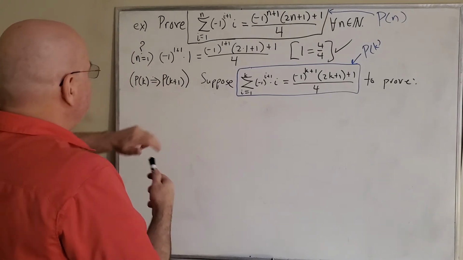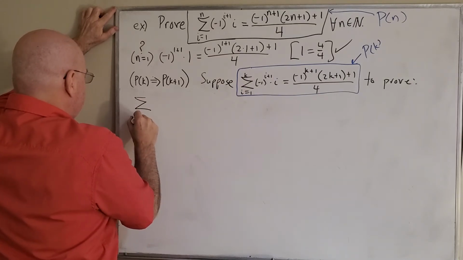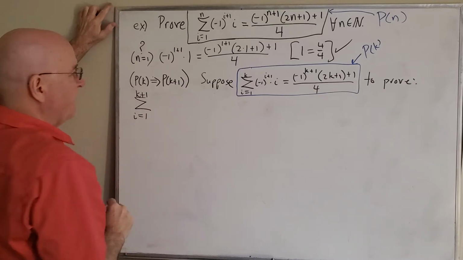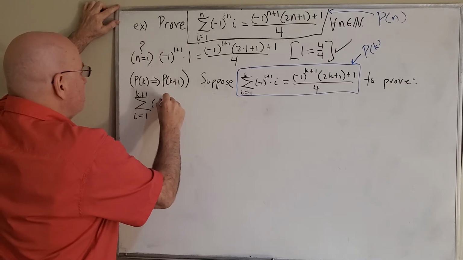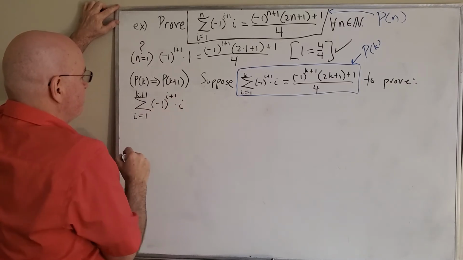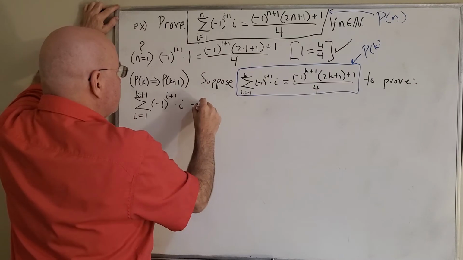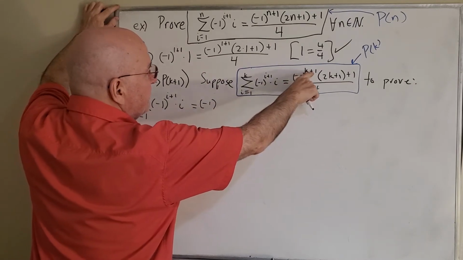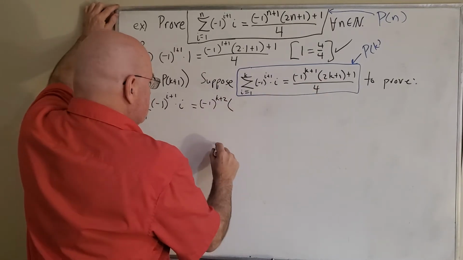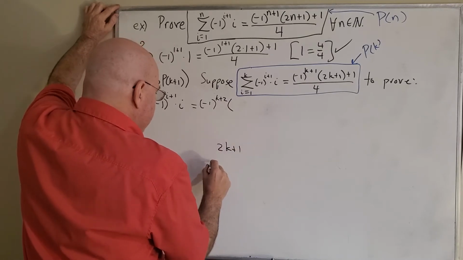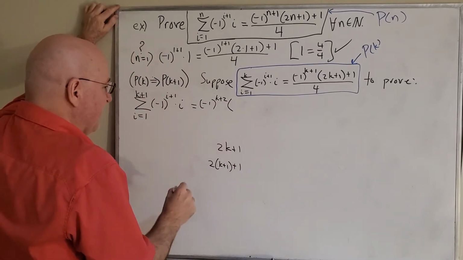We need to prove Pk plus 1, which would be the summation going from 1 to k plus 1 of -1 to the I plus 1 times I is equal to, now if k is turning into k plus 1, it's going to become -1 to the k plus 1 plus 1, which is k plus 2, times in parentheses 2k plus 1, where now it's going to go to k plus 1 plus 1. I'm replacing k with k plus 1.